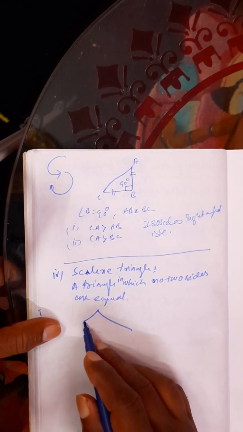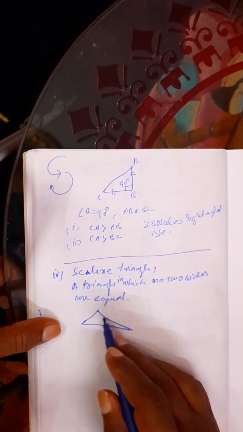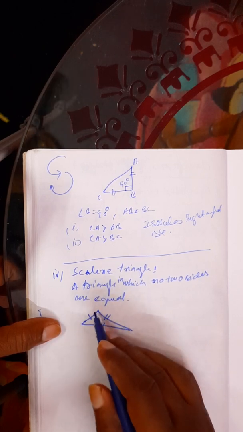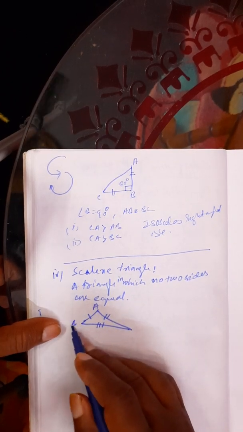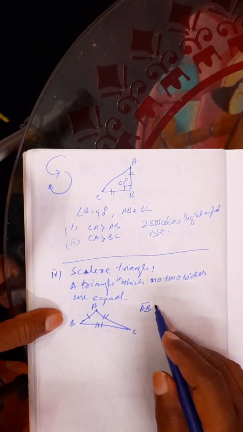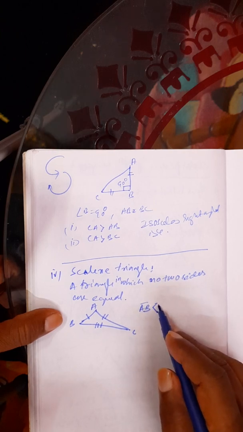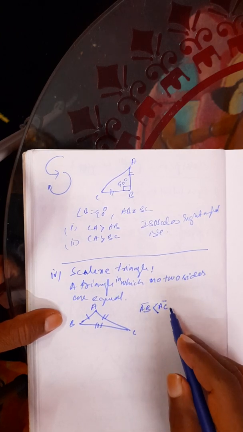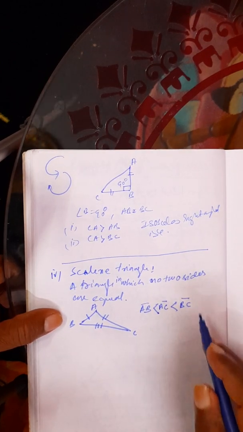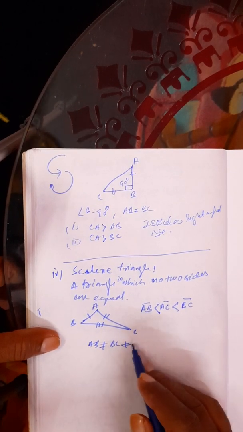So we are taking it like this. Just by seeing, you can say that the lines are different. This is the largest one, this is second largest, this is the smallest one. 1, 2, 3, all are different. Suppose we take A, B, C. If AB's length is less than AC, and this is less than BC, or we can say that AB is not equal to BC and this is not equal to CA.